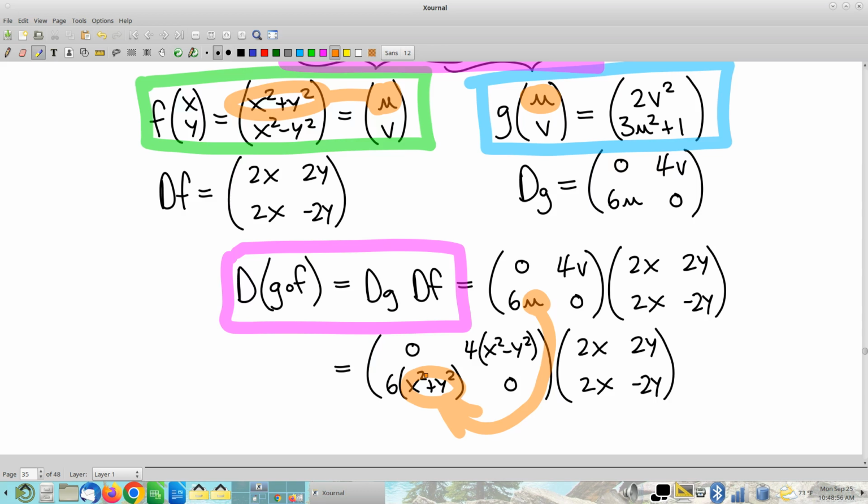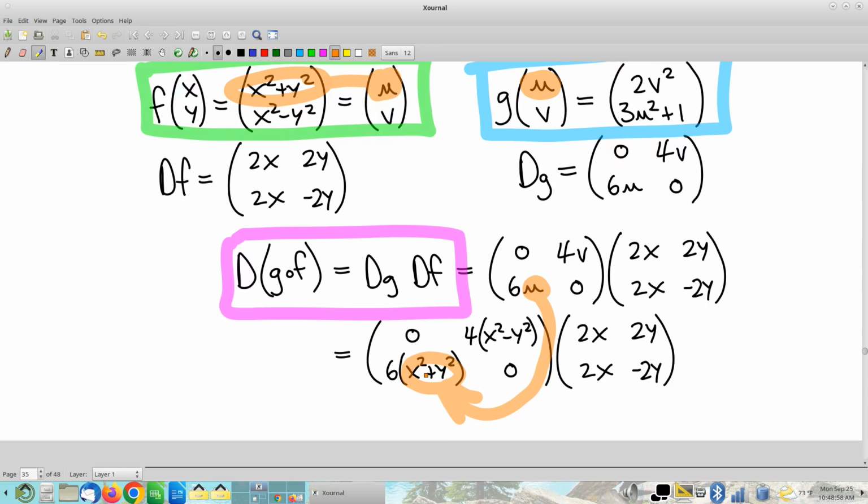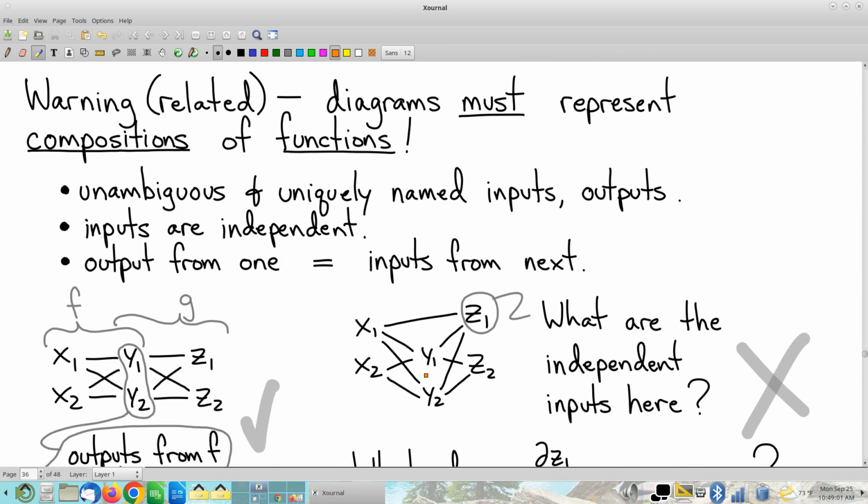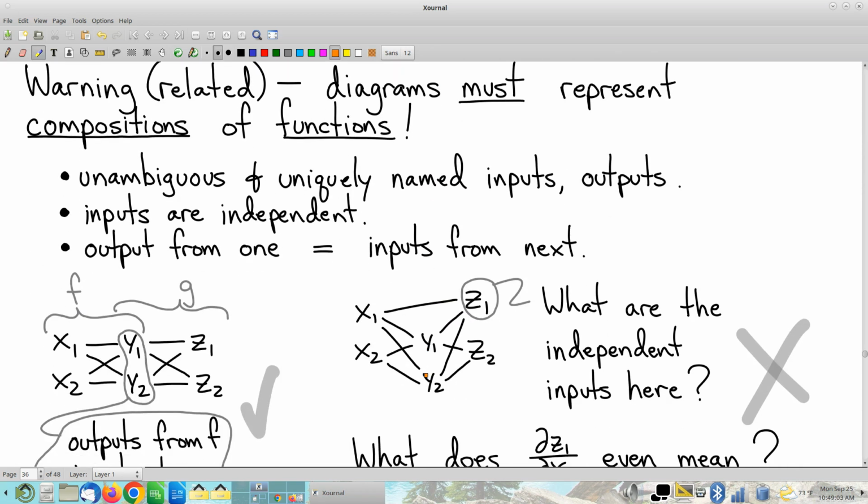Okay, dangerous little landmine. Here's a related worry. We entered this discussion talking about composing multivariable vector-valued functions. So we have one function with several inputs, several outputs, then a second function with several inputs, several outputs, and composing them.